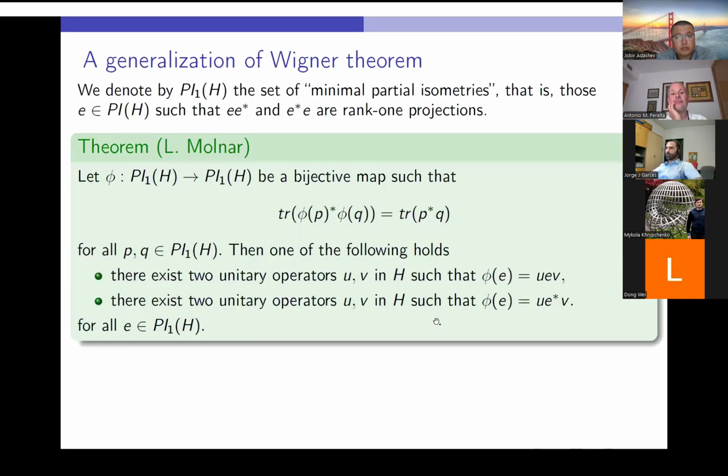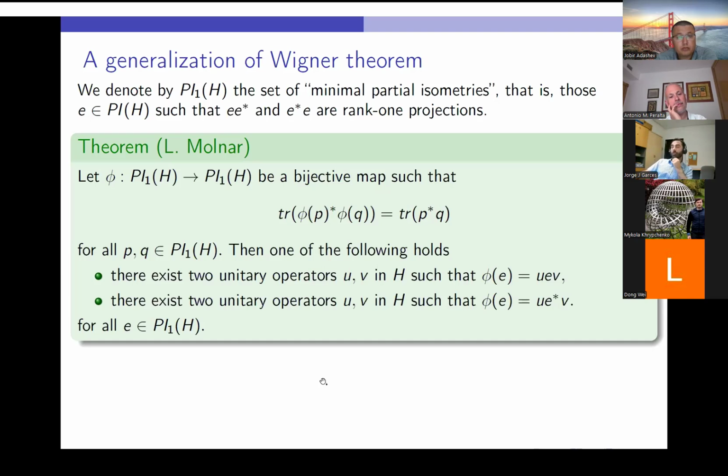So let's now go into the non-associative part of the talk, and what we are going to see are non-associative and ternary versions of many of the results that we have presented here.